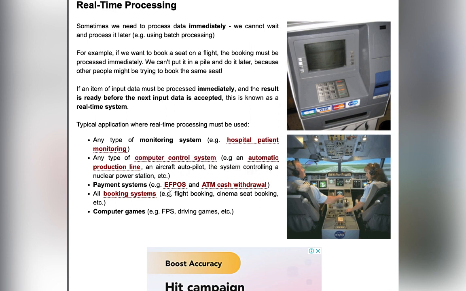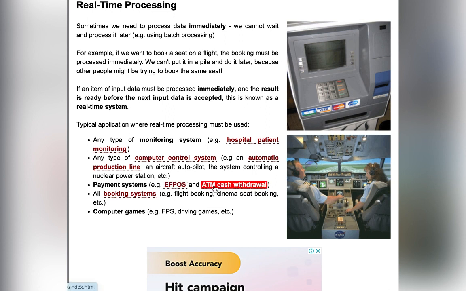Another one is the payment system. I'm not talking about the salary, but the electronic form, POS. You have to do one person before you do another person. If someone wants to use the POS, you have to do his transaction first before you do another transaction.